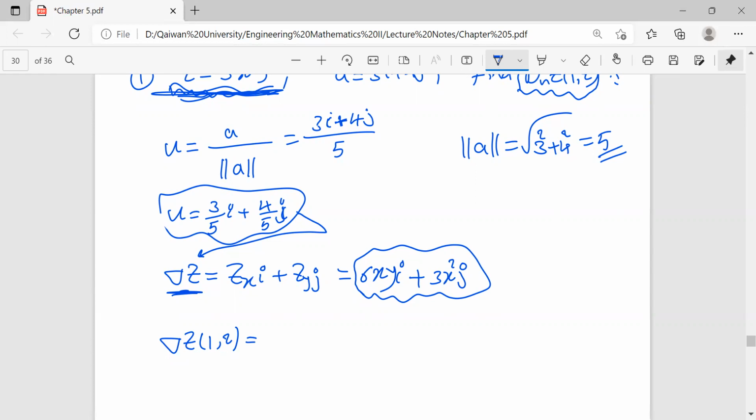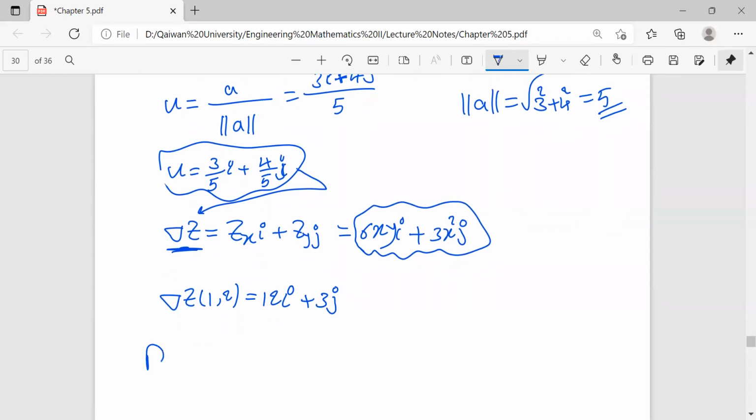We say it equals, we replace each X by 1, Y by 2. We get 12I plus 3J. That's it.